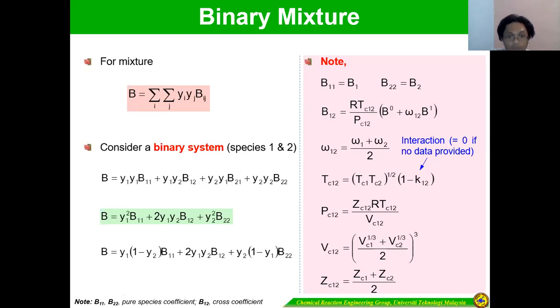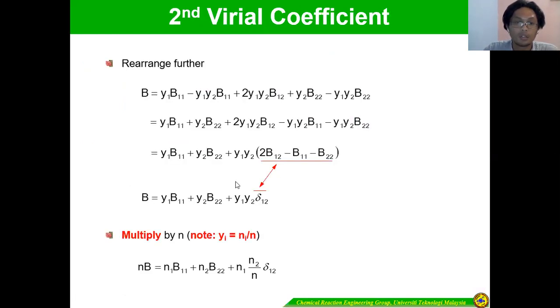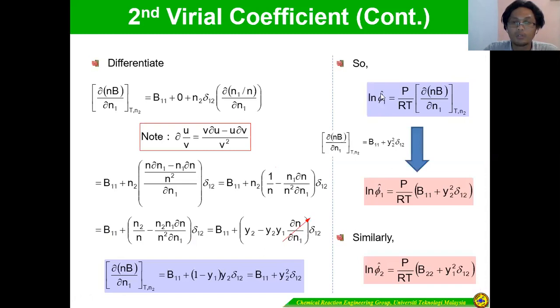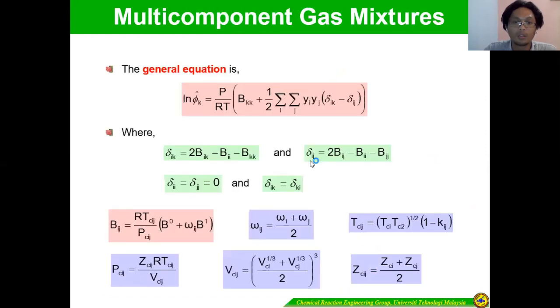If more than that, it would be 3 components or 4 components, depending on the mixture. But I think we only cover the binary mixture. So this is the general equation, the important one. B, omega, TC, PC, VC, ZC, as well as the value ln phi, ln phi1 and ln phi2. You also need to determine the delta before calculating ln phi1 and ln phi2, which represent the fugacity coefficient.